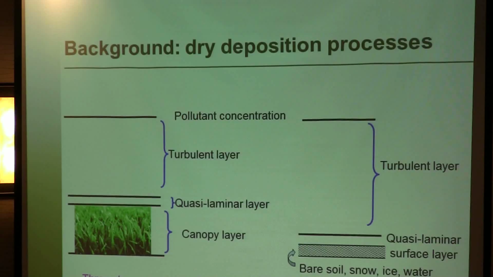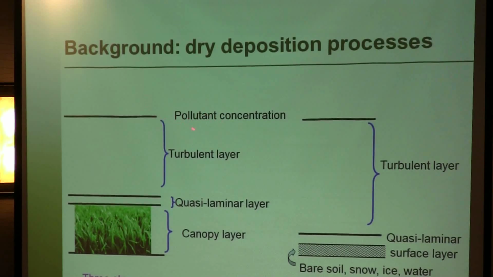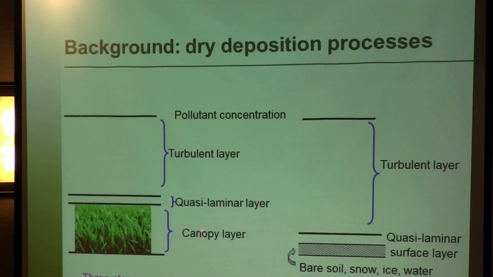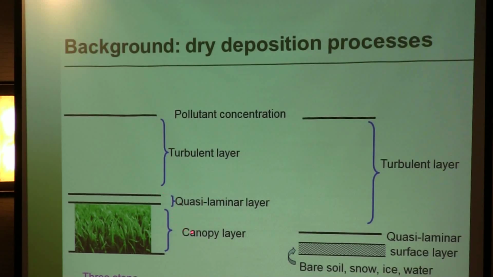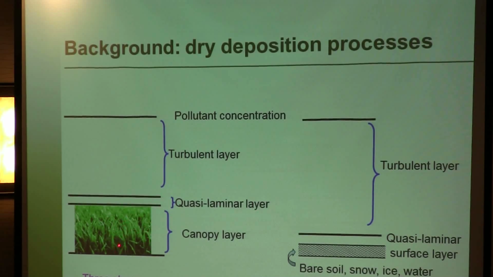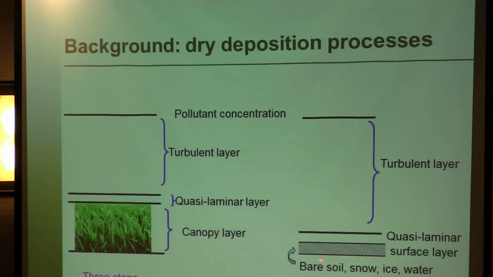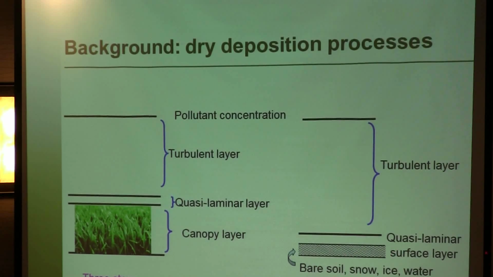As I just mentioned, for dry deposition, the pollutants have to be first transported to the Earth's surface. Then they contact and pass through a very thin layer above the canopy, and can then be collected by the canopy or other surfaces.